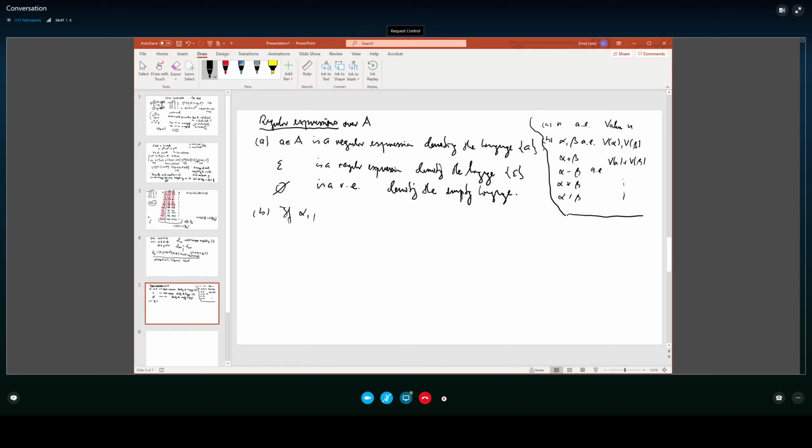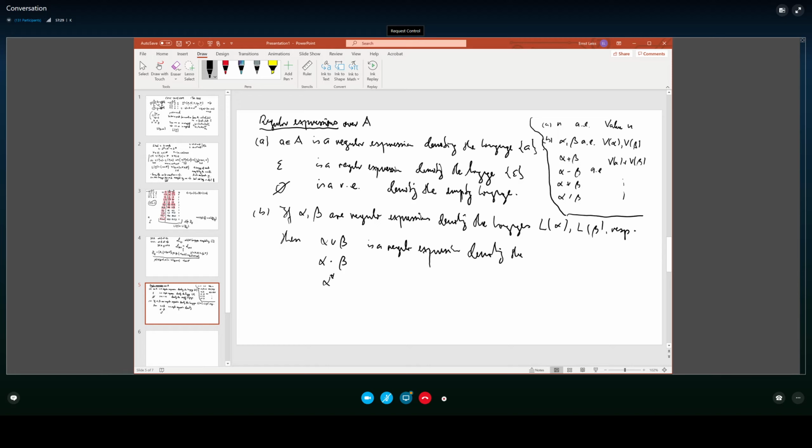If alpha and beta are regular expressions, denoting the languages L of alpha and L of beta respectively, then alpha union beta, alpha concatenated with beta, and alpha star are regular expressions denoting the languages L of alpha union L of beta, L of alpha concatenated with L of beta, and L of alpha, the whole thing starred.